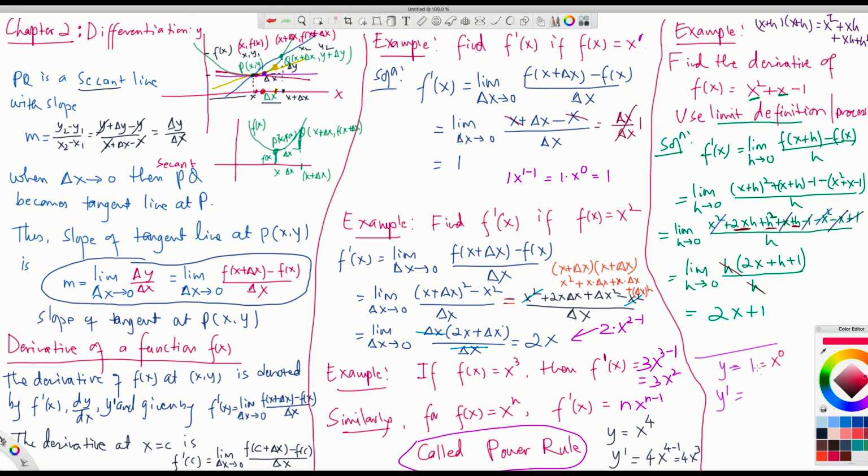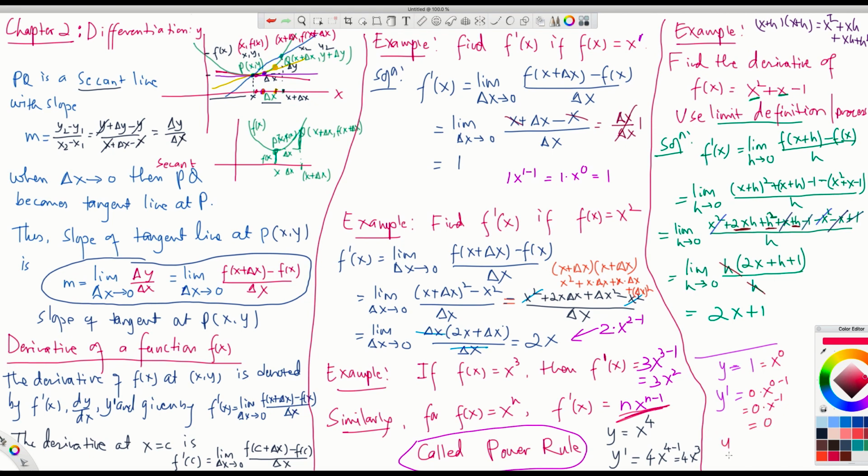It is like 0 times x to the 0 minus 1. Because if there is x to the n, the formula says n times x to the n minus 1. So I'm writing the power times x to the power minus 1. So what do you get? 0 times 1 over x, or 0 times x to the negative 1. We are assuming that x is non-zero there. So it is basically 0.